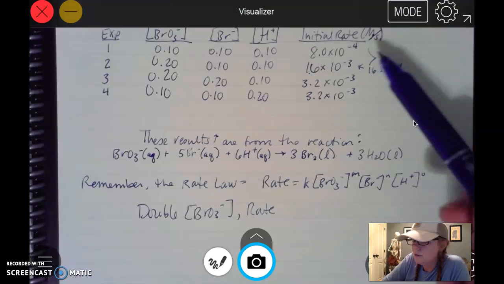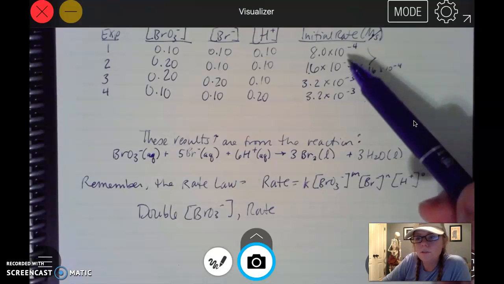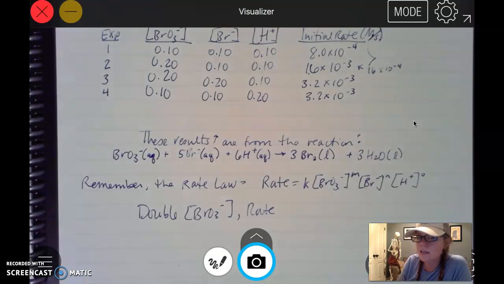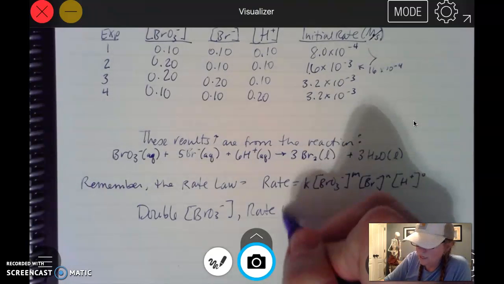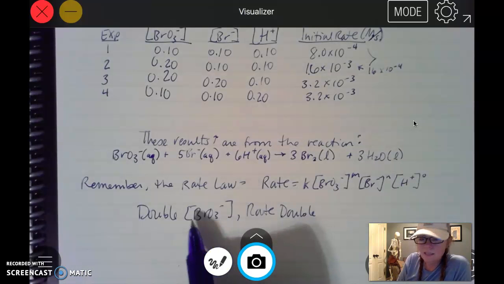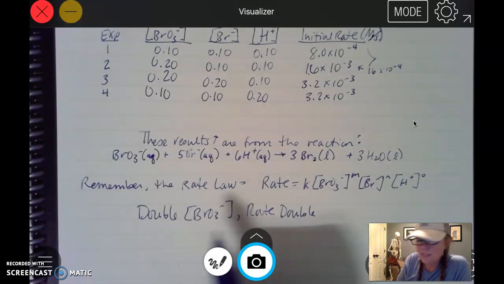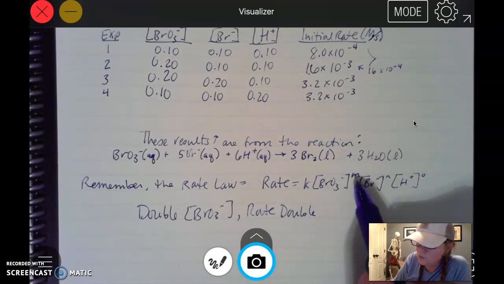Hopefully you guys can do this mental math pretty easily and just look at those two numbers and compare them and see, okay, I'm going from 8 to 16, and so my rate doubled as well. And so what that means is that whatever I did to the bromate, the same thing happened to the rate, and so it's first order.